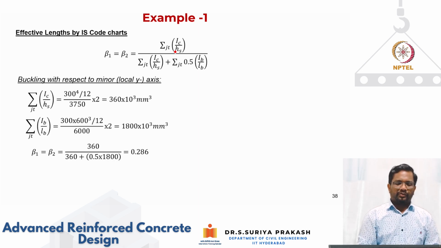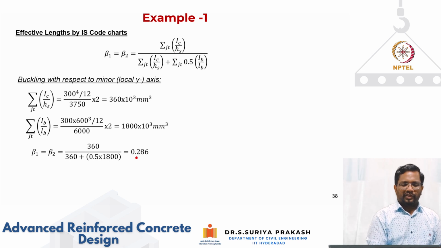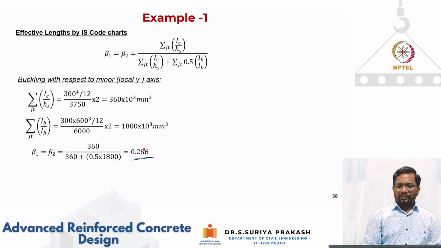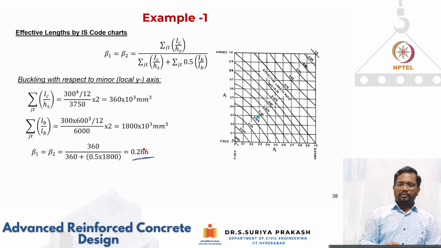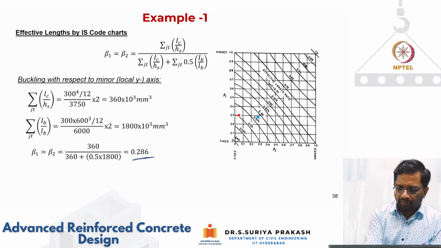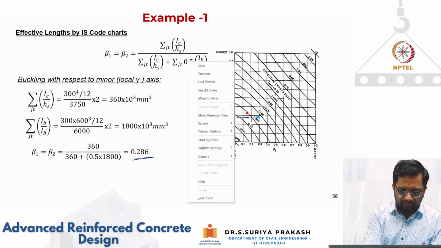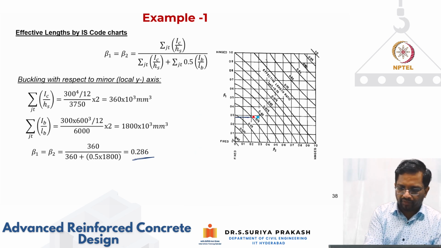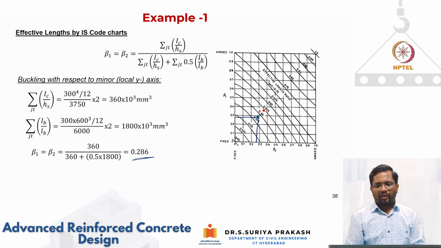If I substitute that, I get beta 1 and beta 2 as the same value of 0.286. So now that I have beta 1 and beta 2, I can go ahead and find out where this point is. For example here, 0.286 we go, and 0.286 we go. So you get a value of roughly between 0.6 and 0.575.